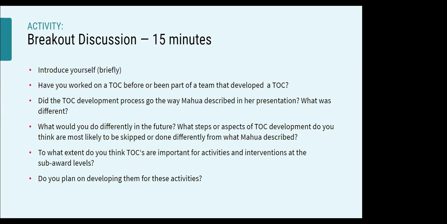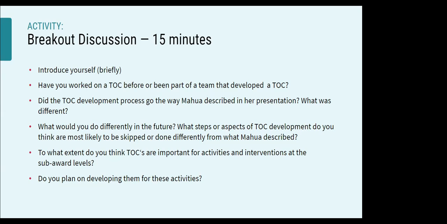But an interesting point that came up was the fact that sometimes it's been viewed that a theory of change is kind of something in the checklist to mark off, and that it's not always seen as a project document or something for the project, but it's sometimes seen by other staff as something solely for monitoring and evaluation.